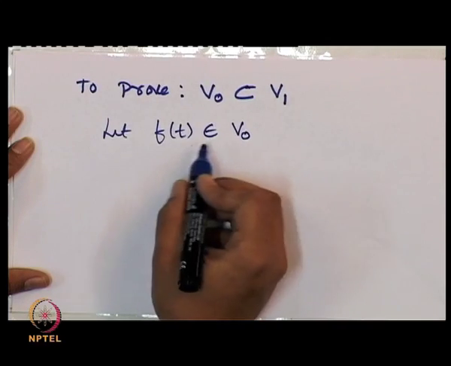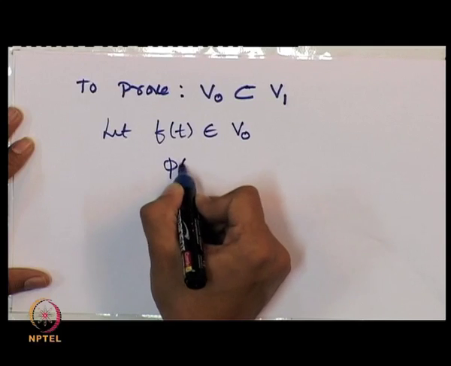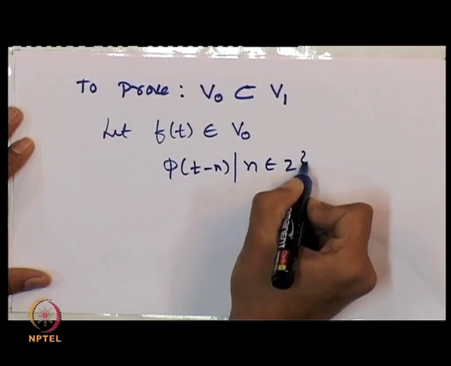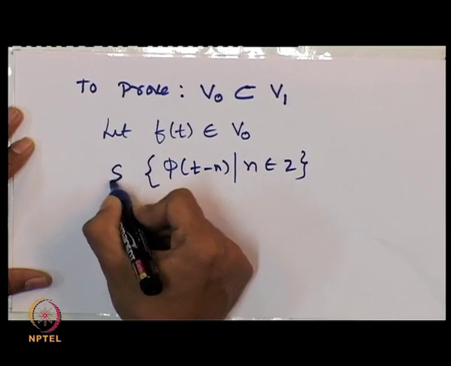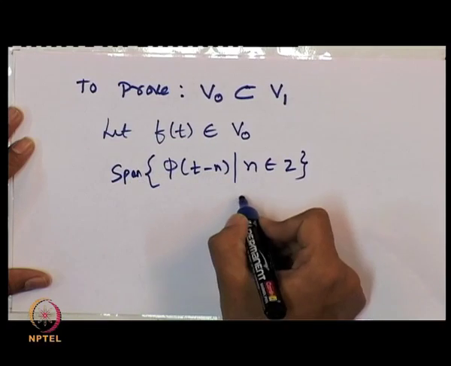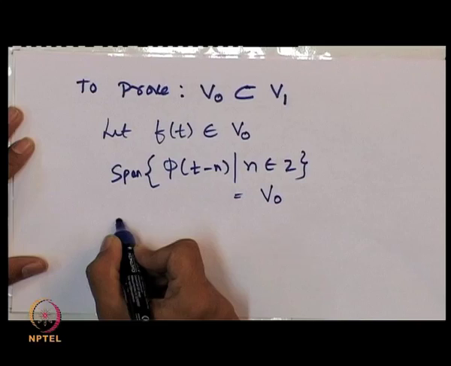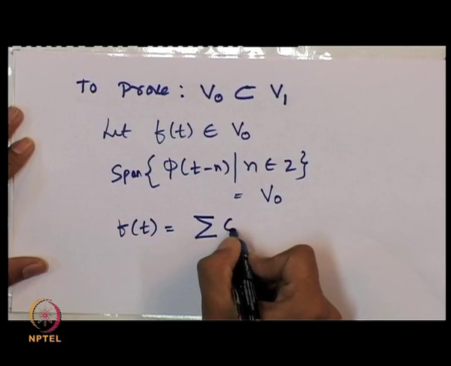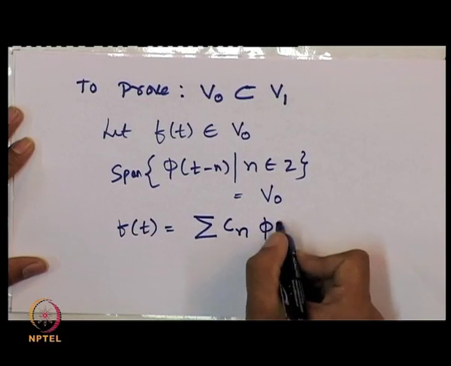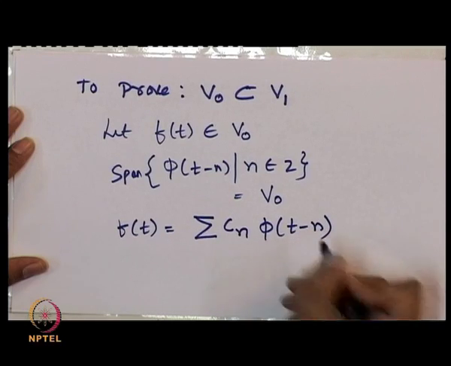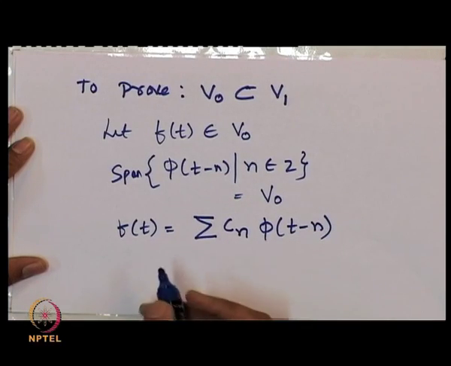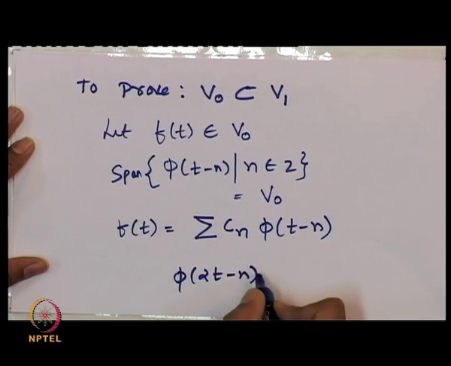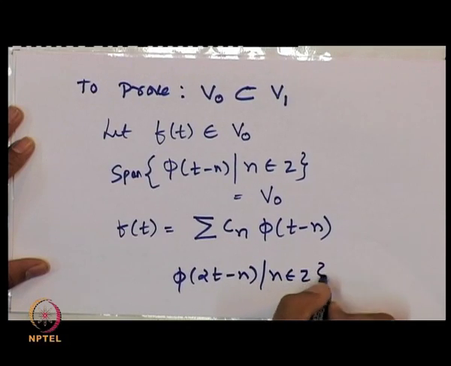The basis functions for V0 are phi(t minus n) for n belongs to Z. Hence, f(t) can be written as a linear combination of basis functions of V0. The basis functions of V1 are phi(2t minus n), n belongs to Z.